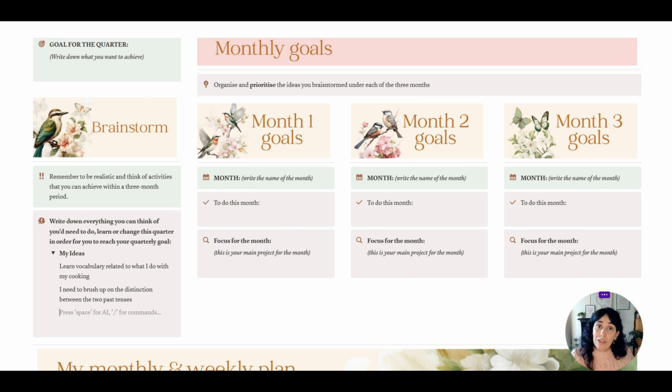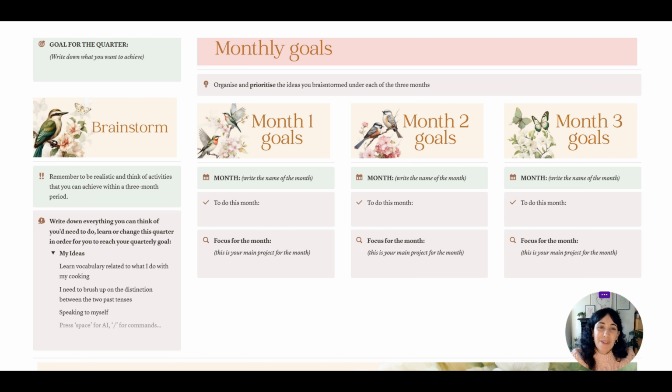Maybe that's something that you can do. Speaking to myself. And eventually maybe you can start speaking to someone for like, maybe say 2 words and then say 4 words and things like that until you build up to the 10 minutes. But yes, brainstorm anything that you can think of that will help you with your goal.